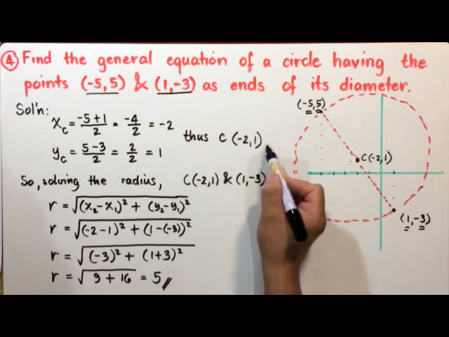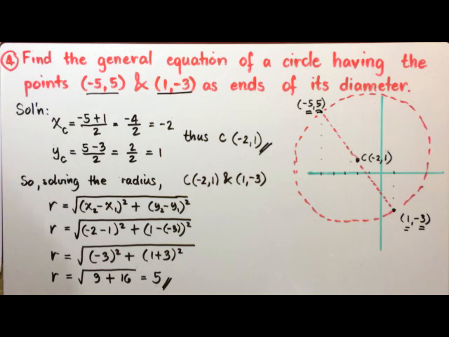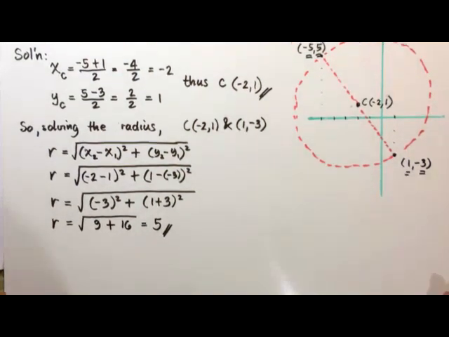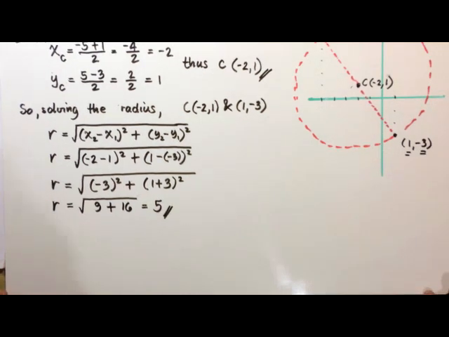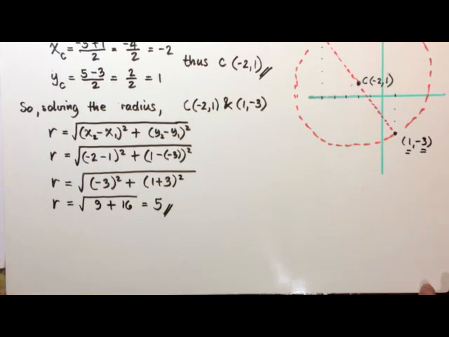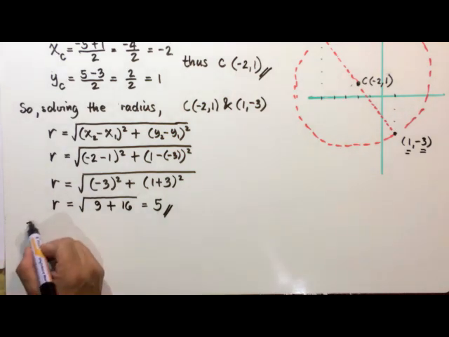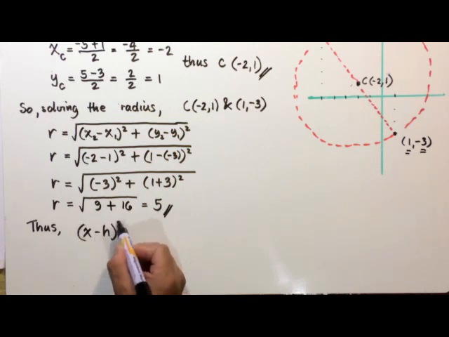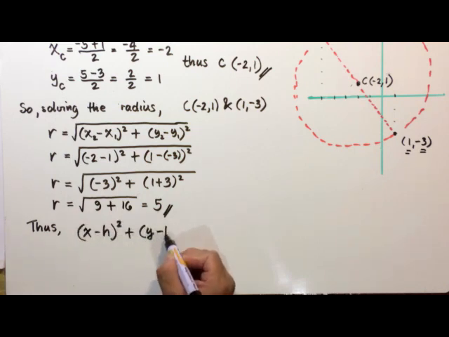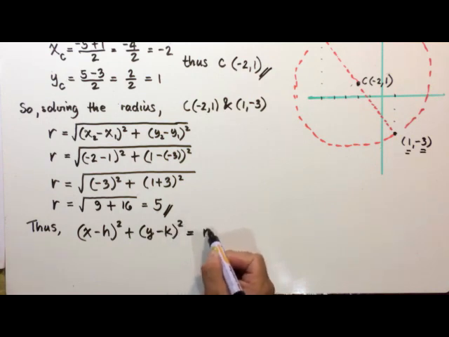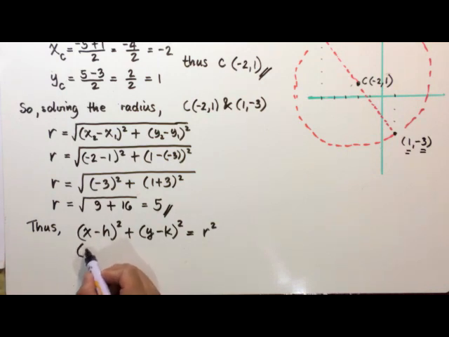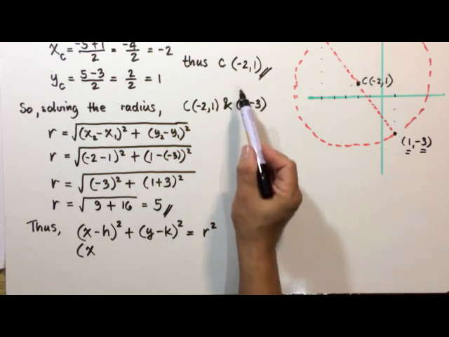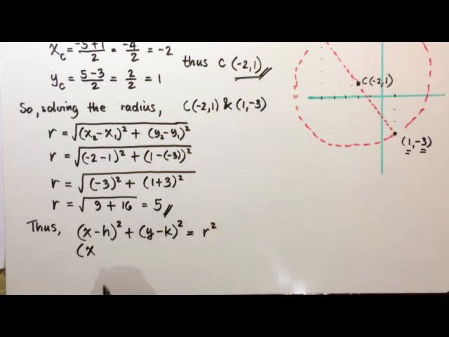Now that I know the center and the radius, I can solve for the general equation of the circle, because the problem is asking for the general equation of the circle. So I can use the standard equation of the circle, which is (x minus h) quantity squared plus (y minus k) quantity squared, which is equal to the square of its radius. Substituting the center: what is the x coordinate of my center? -2.